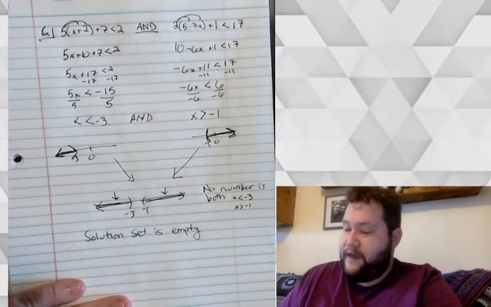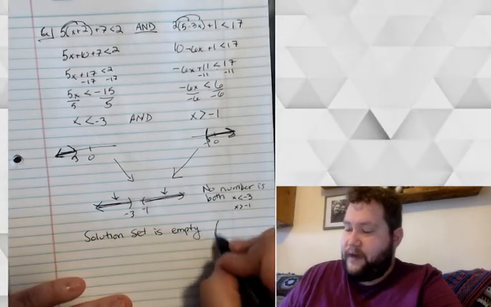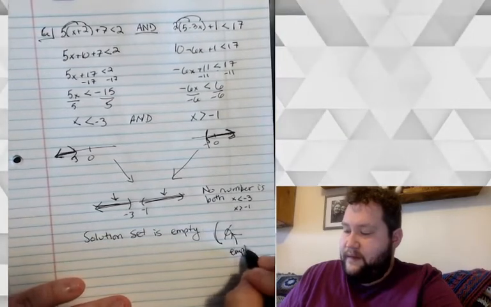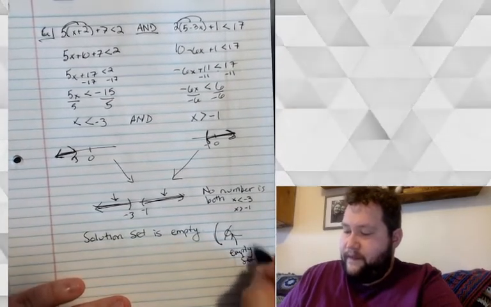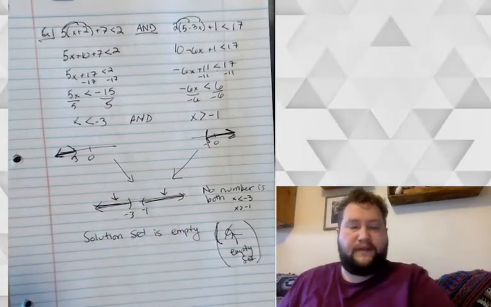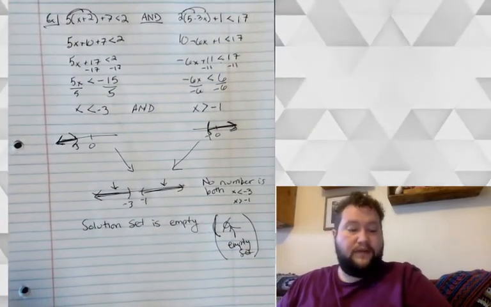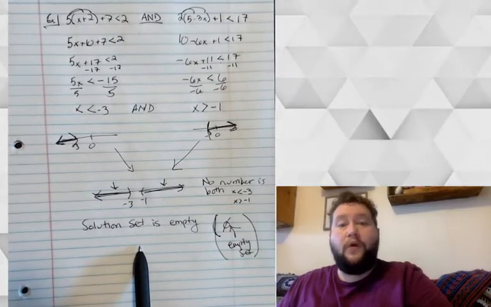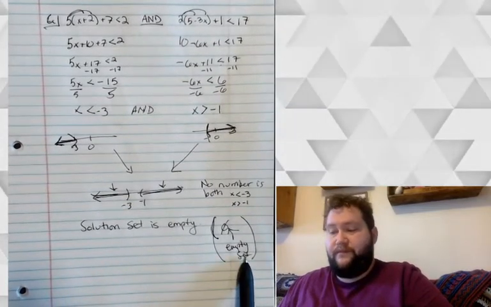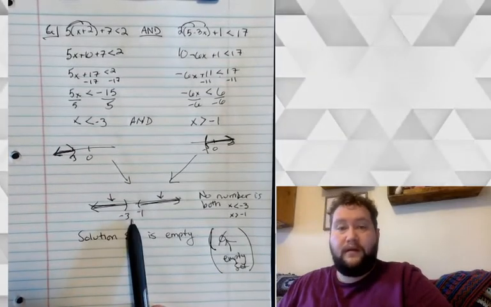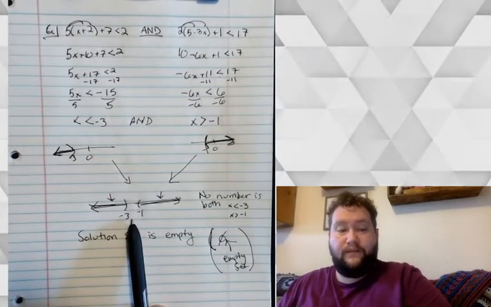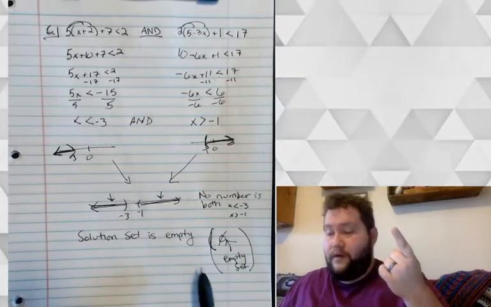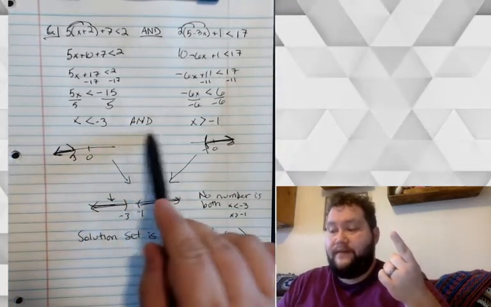We have a symbol for that. It's a 0 with a line through it. That's the empty set. Just put that in parentheses off to the side. So here, the solution set is empty. And we can only get an empty set solution when it is inconsistent, never true, or when we have an and.